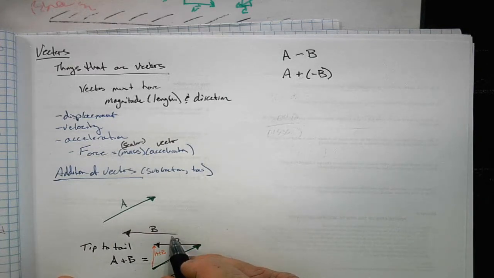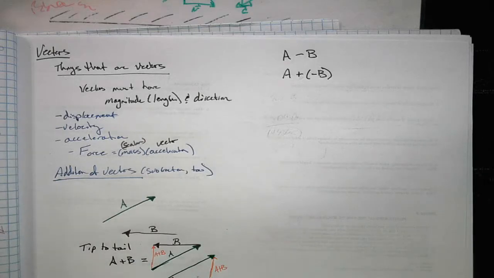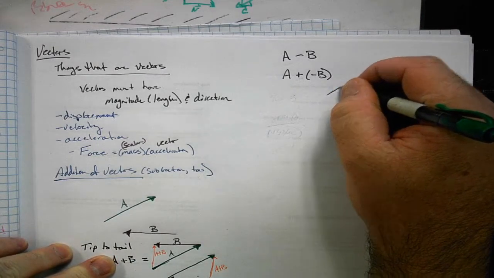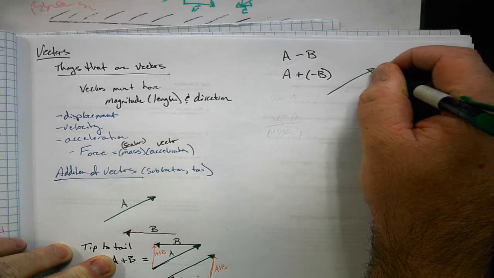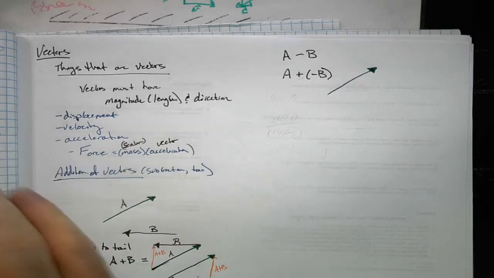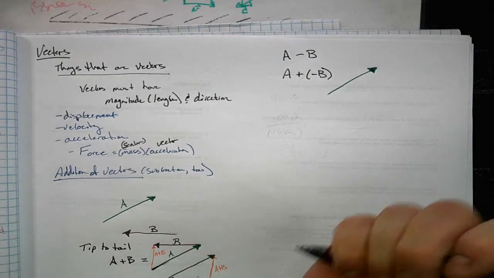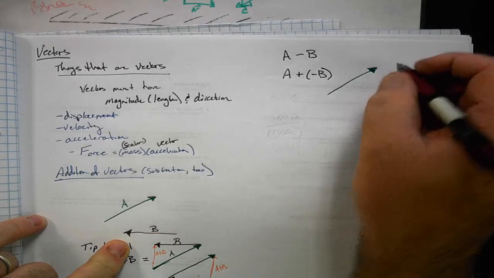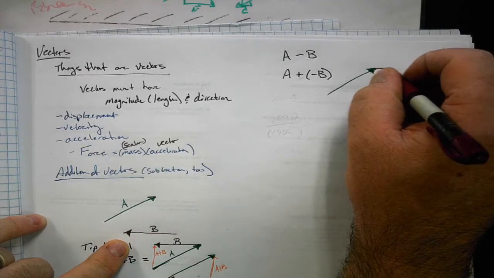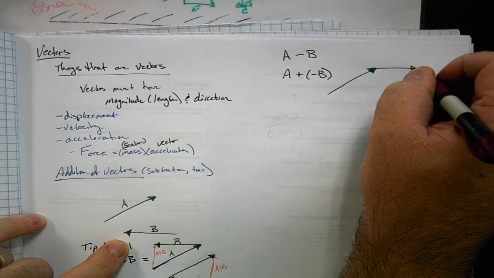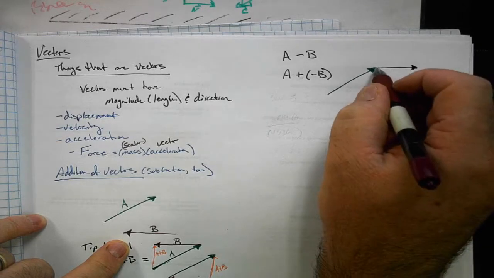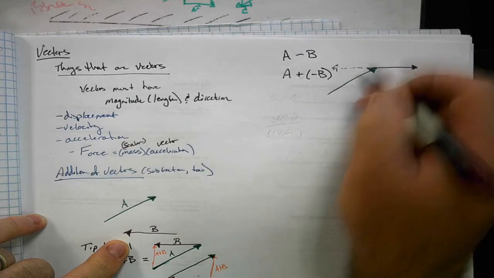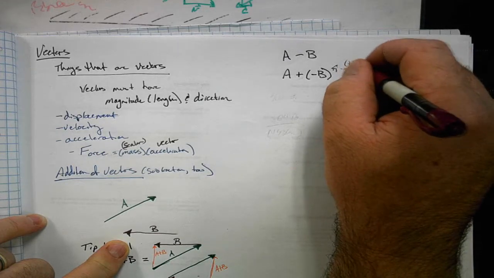Yeah? All right, so if we're going to do that, then we get A tip to tail, but now if this vector B is the opposite direction, the tail is going to be here, and it's going to go that way rather than, right.